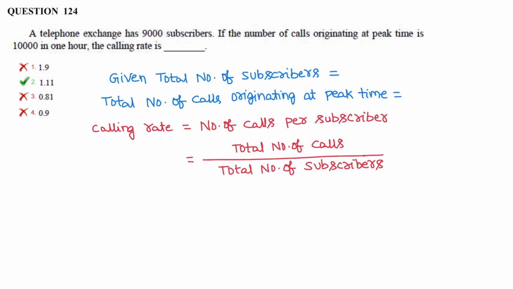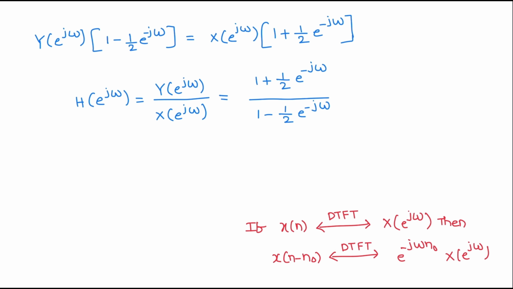Rearranging this expression, we will have h of e power j omega, that is the discrete time transfer function, equal to the ratio of output to input response, y of e power j omega to x of e power j omega. So we will get 1 plus 1 by 2 e power minus j omega by 1 minus 1 by 2 e power minus j omega.